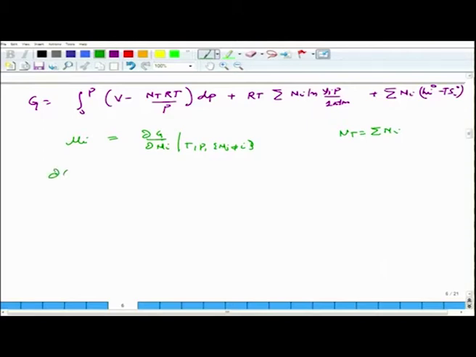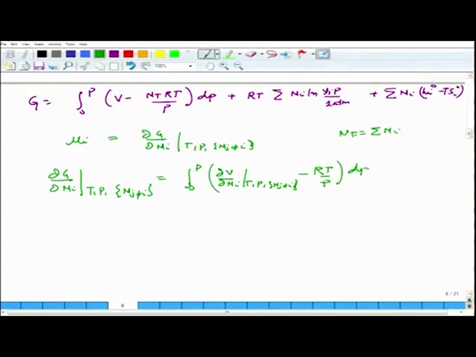So, del G by del Ni is going to be the integral 0 to P of del V by del Ni minus RT by P. Since Nt is equal to summation Ni, when I take the derivative with respect to Ni, it is going to be 1, plus RT summation del Ni.